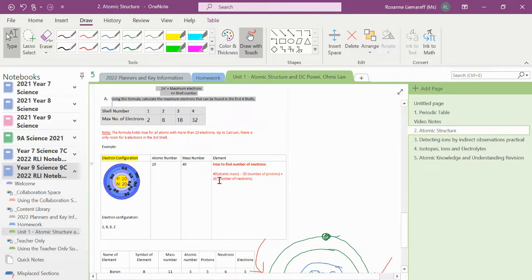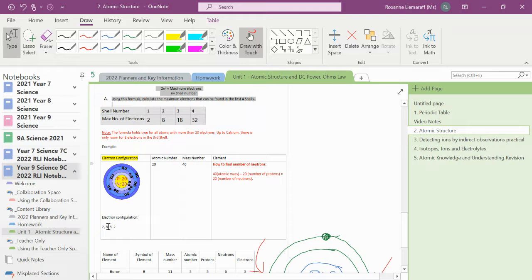So if I want to draw it or write out the electron configuration, I start off by filling up the first shell with 2 electrons, because that is the total capacity that it can hold. And from there on, I'll continue counting on and fill up the second shell, which can only hold 8 electrons. So from 2, I count on 3, 4, 5, 6, and I keep going until I have filled up the second shell.